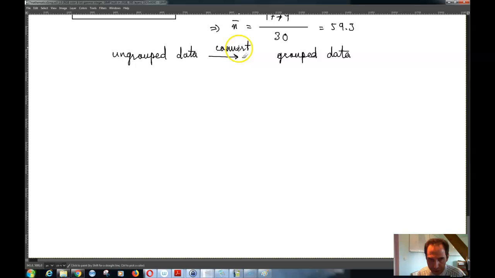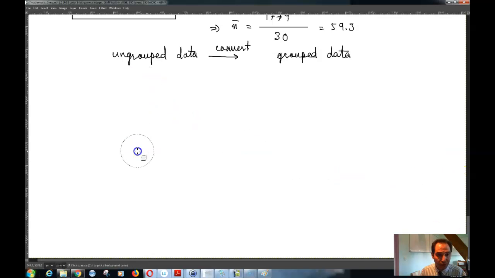Once we convert it, like the example that we had, where the class intervals are 0 to 10 and 20 to 30 and so on, once we have those groups, or those classes in short, then we need to devise some ways to work with the data in that format.